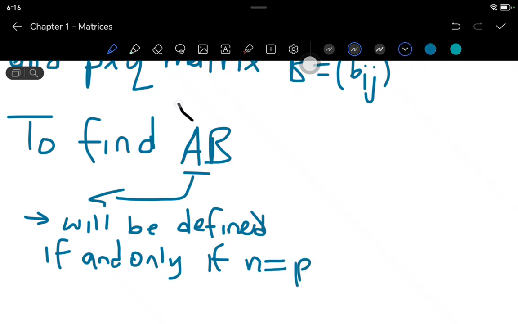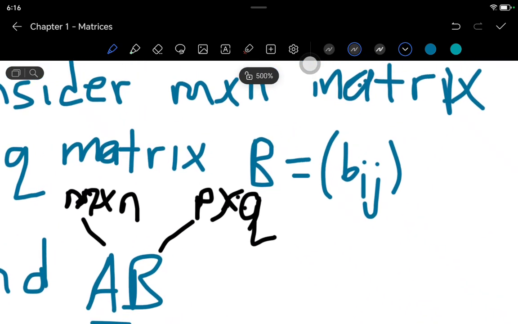Remember, this is m by n, and then this is P by Q, right? And the middle entries should be equal. This is a column of the first matrix. It's a row of the second matrix.